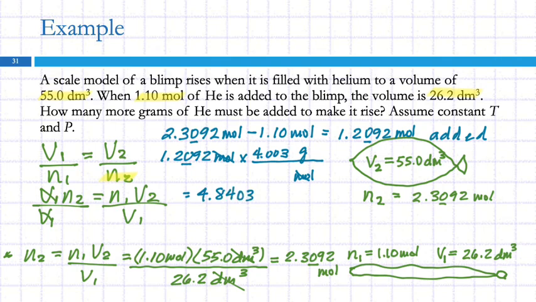And so this should still have 3 sig figs. So we need to add 4.84 grams of helium to get it to float. Any questions?